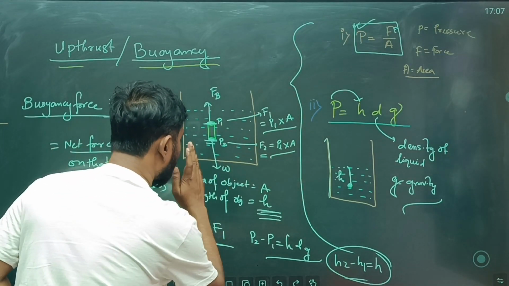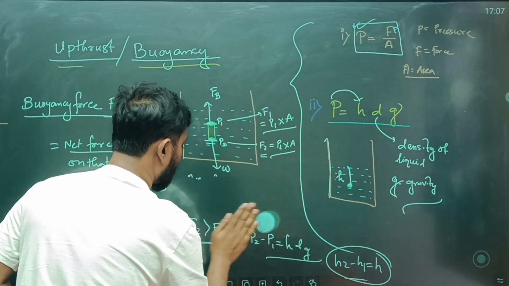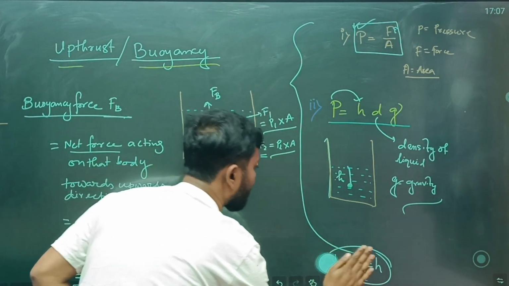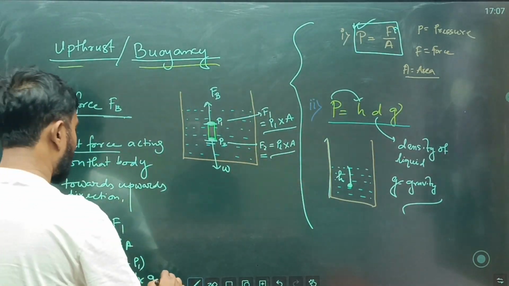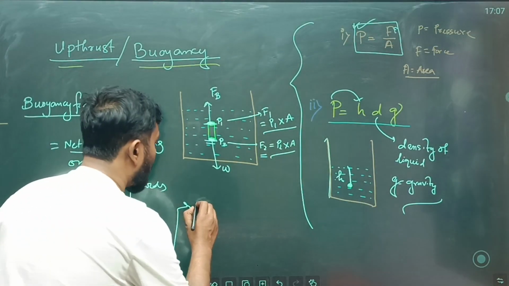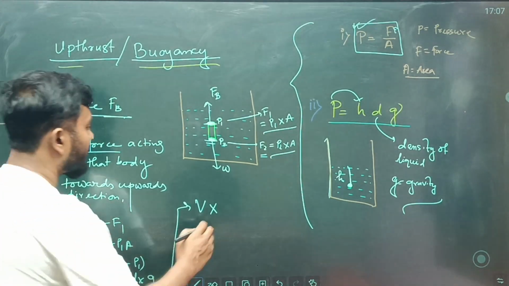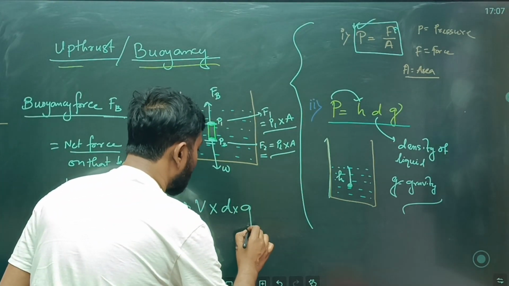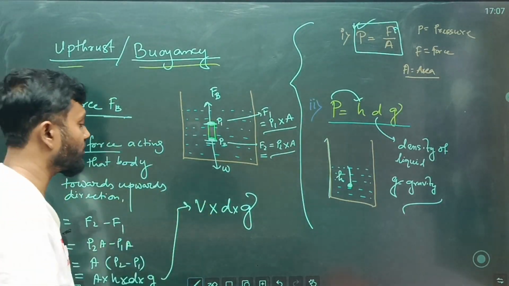Now we have to clean this because there is very little space. Area into height means volume. D is equal to density of liquid, and g is equal to gravity. So buoyancy force is equal to v into d into g.